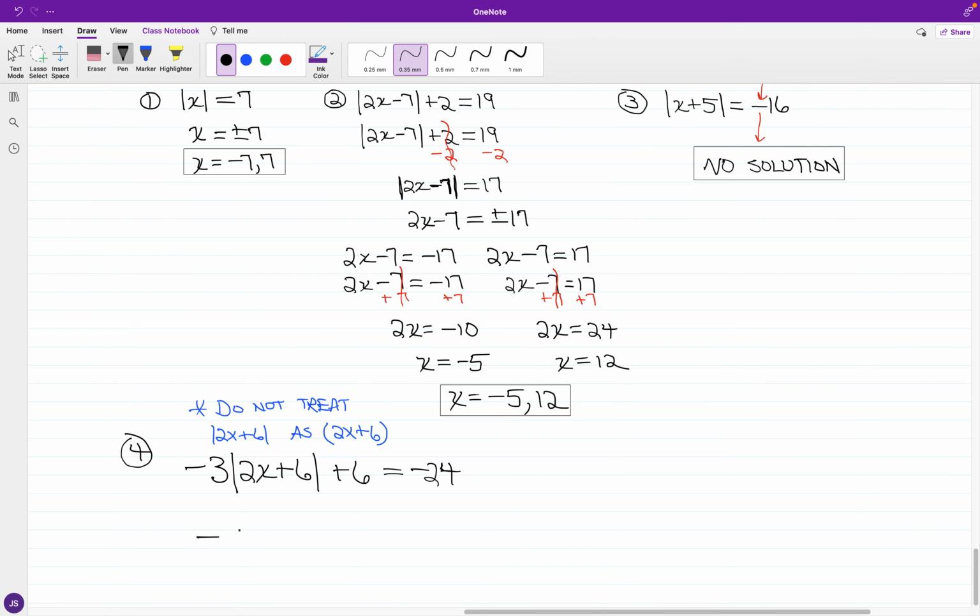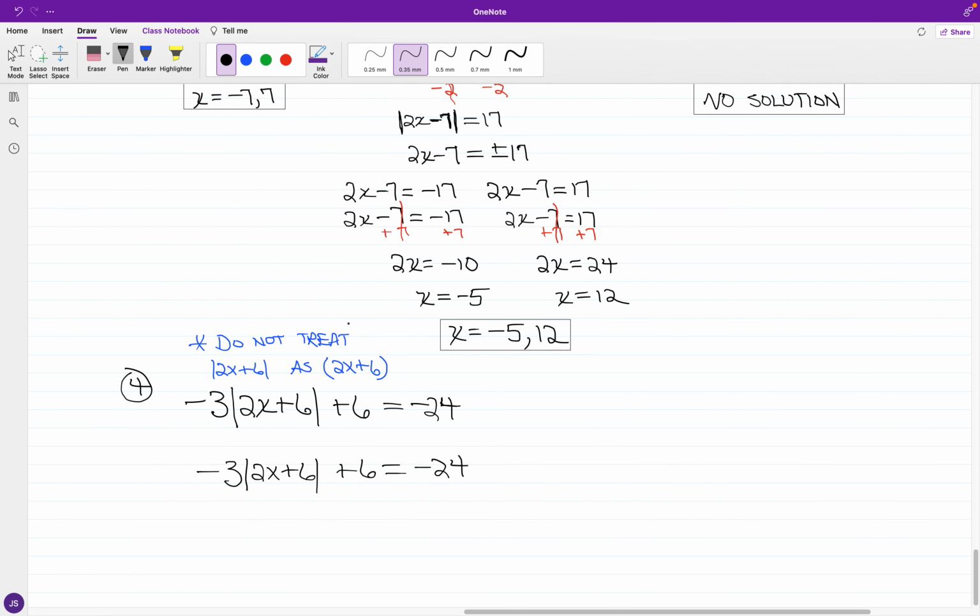So what you have to do is isolate the absolute value of 2x plus 6 and have everything else on the other side. With this absolute value equation, it would be nice if you could distribute, but here I have to isolate the absolute value of 2x plus 6.